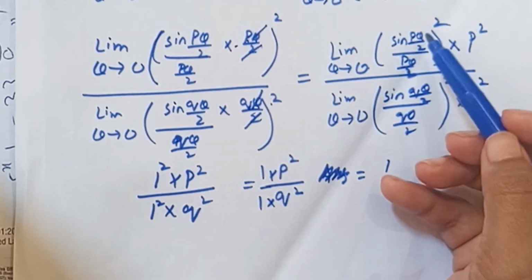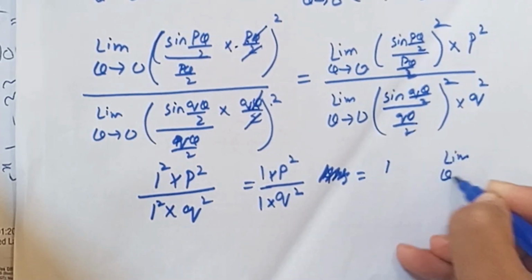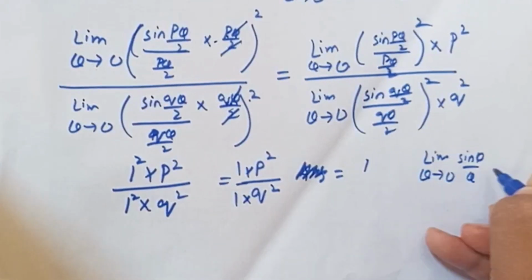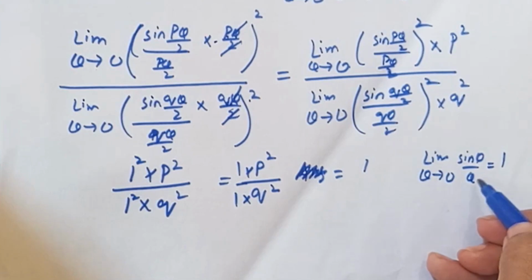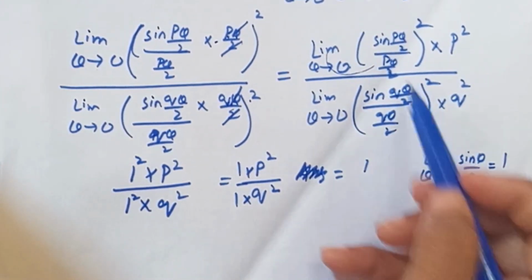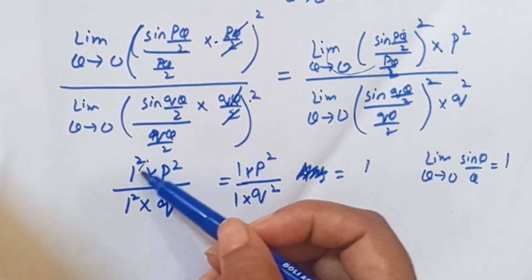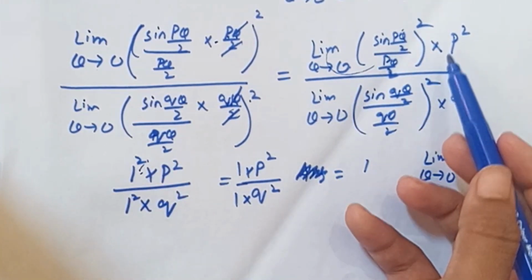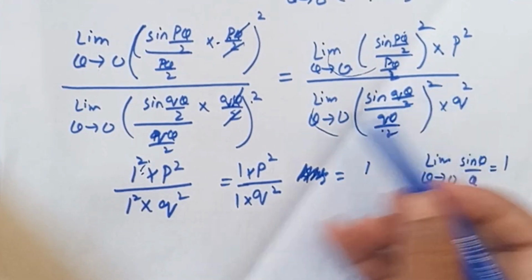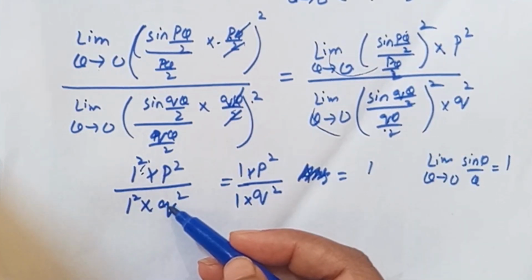In the next step, we apply this property: limit theta approaches 0 of sine theta over theta is equal to 1. We apply this property on this term and after that on this term. When we use this property in this term, it becomes 1, but its power is square, so we write 1 square and this is p square. Look at the denominator: this becomes just 1, but its power is square, so we write 1 square, and this is q square.